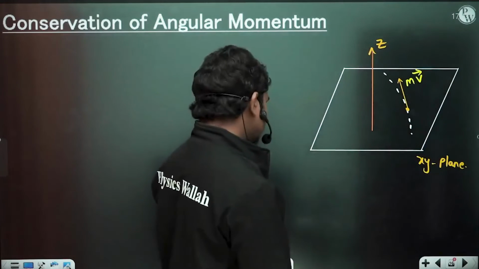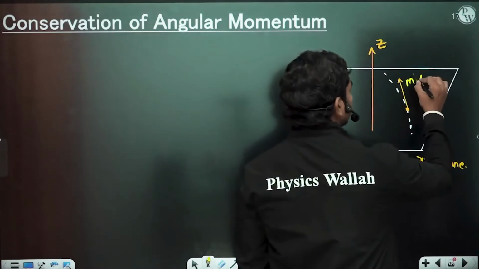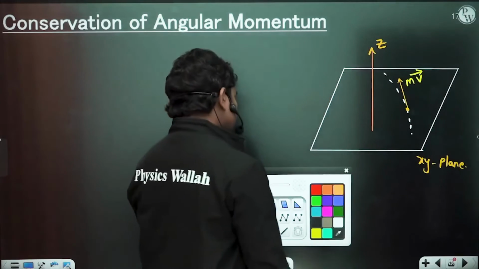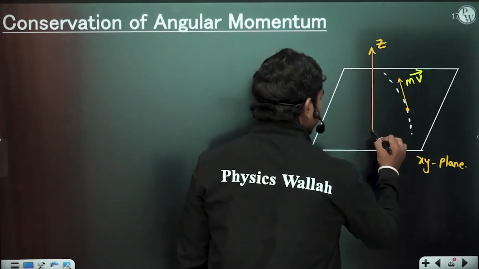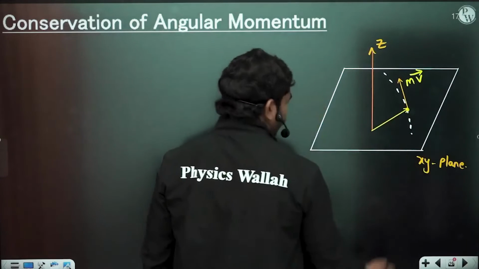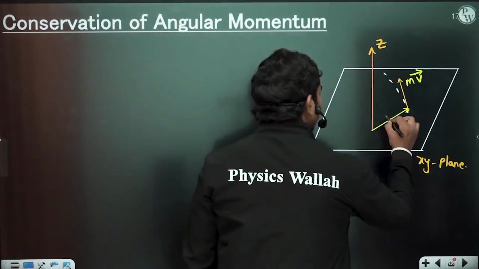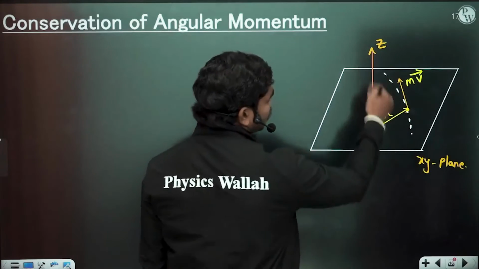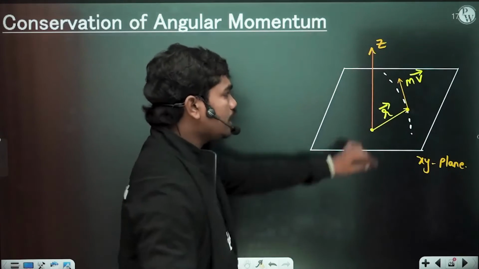Now if this is the momentum of the particle, m v bar, let us suppose this is the radial vector connecting these two. So this is r bar, and this is the axis about which this particle is performing some rotation in this plane.